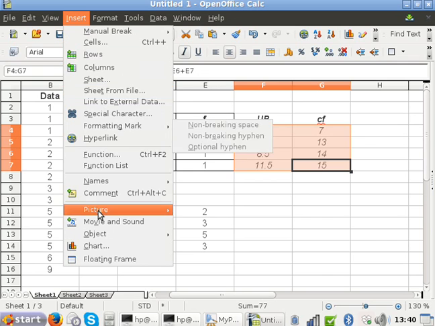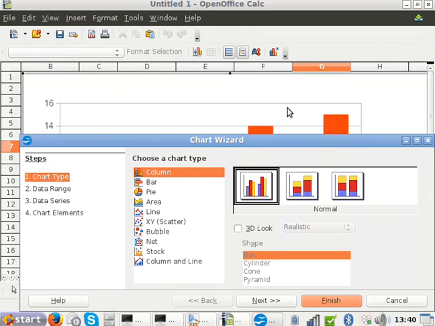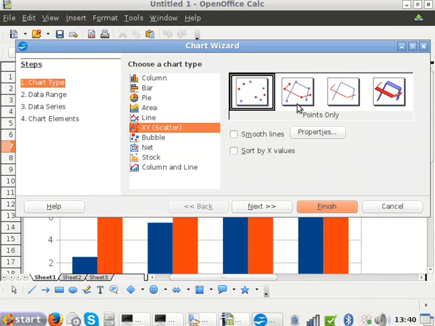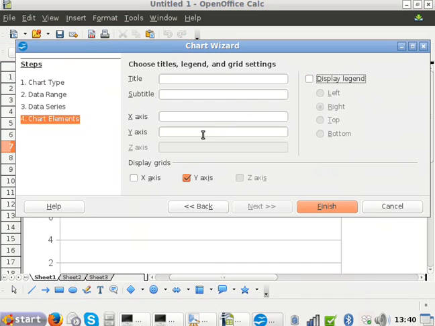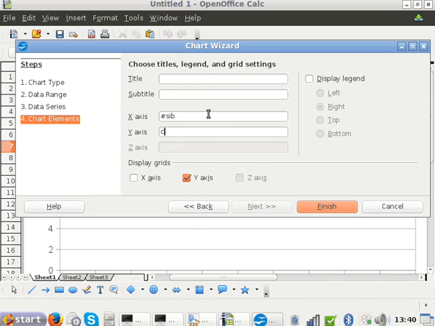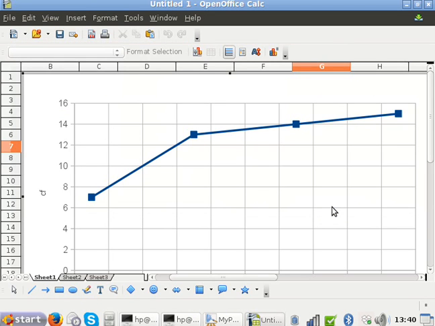Let me... Hang on, I'll draw you a graph now. It's getting better. Sorry, further away. Right.